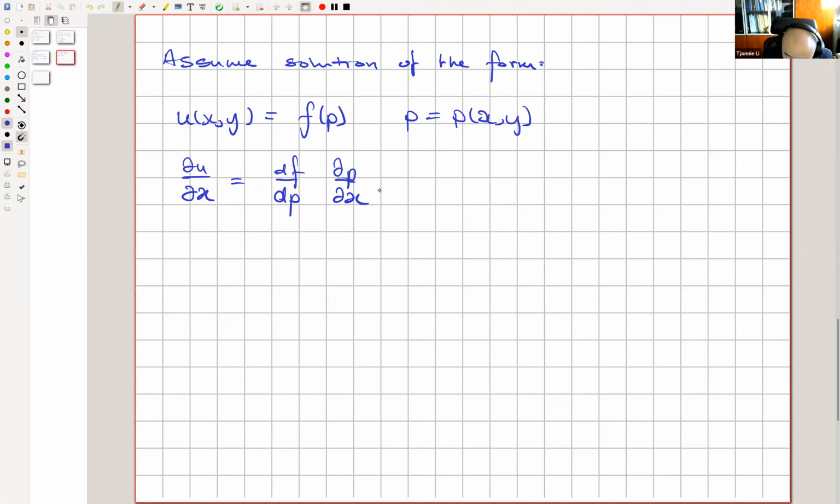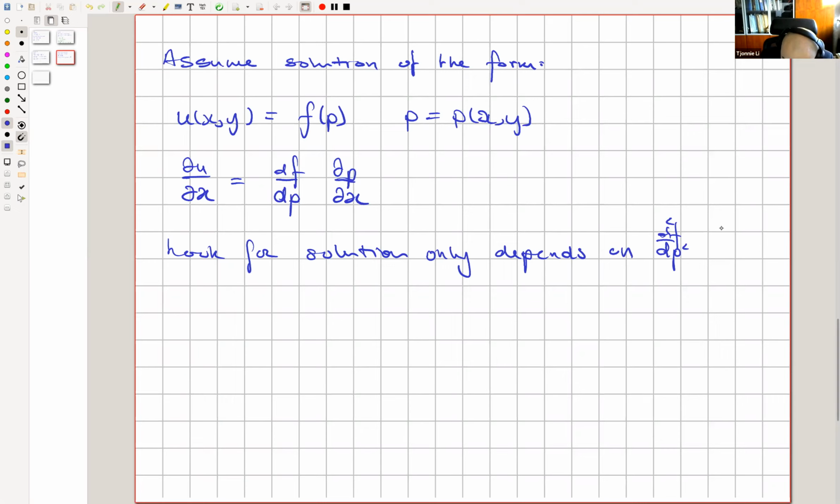And as we did before, we look for a form of a solution that only depends on d squared f/dp squared, so that they can cancel out and we get a simplified solution.